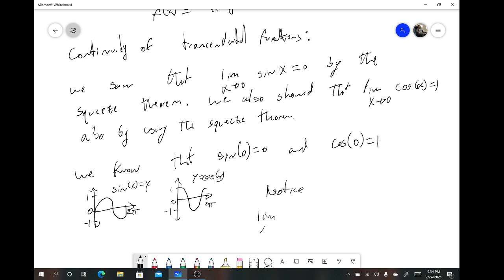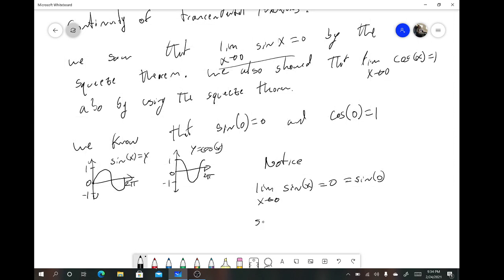Well, notice this. Notice that the limit as x goes to 0 of sine of x equals 0. We said that up here, right? But that is the same thing as sine of 0 when you plug in 0. So this means that sine is continuous at x equals 0.